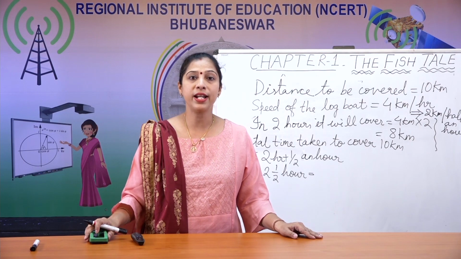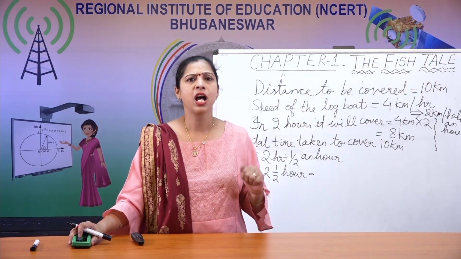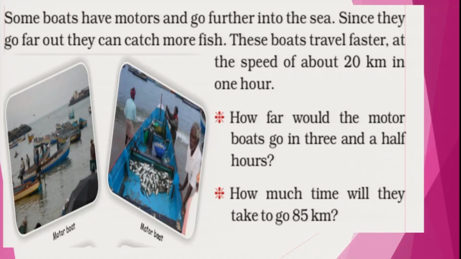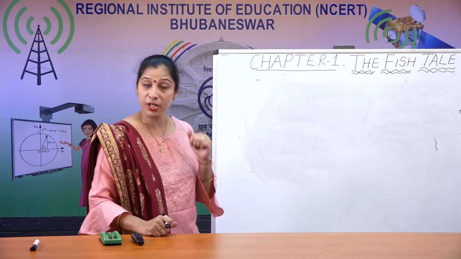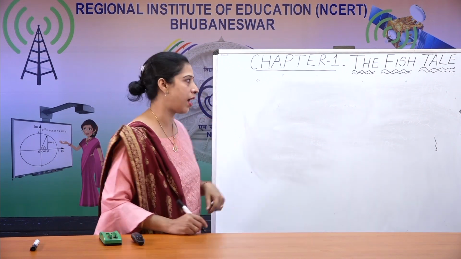and that is why they can catch more fish. So the question is, how far would the motorboat go in 3.5 hours? Now the speed of the motorboat is generally 20 kilometers per hour. So the first question, how much distance will it cover in 3.5 hours.